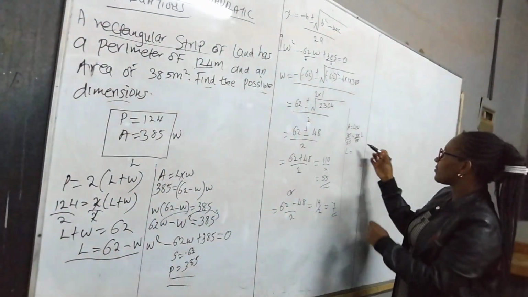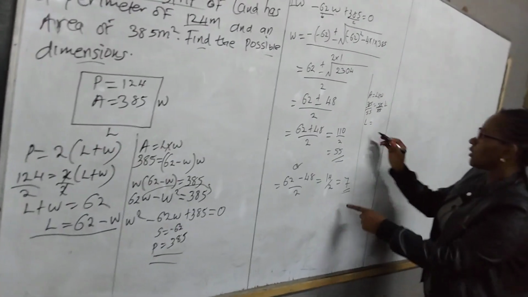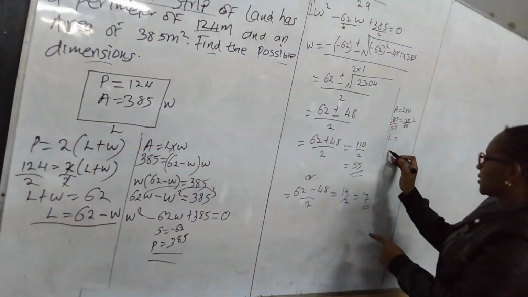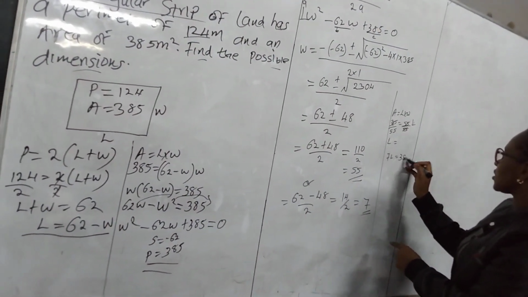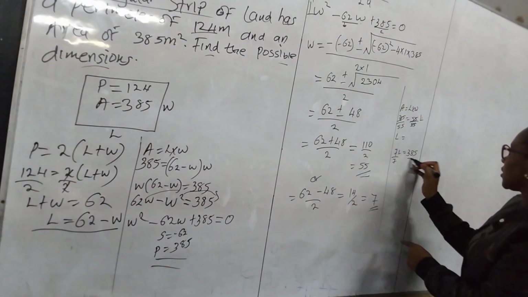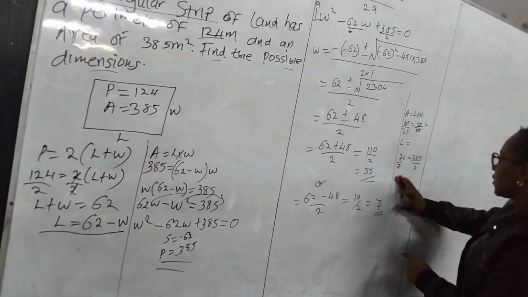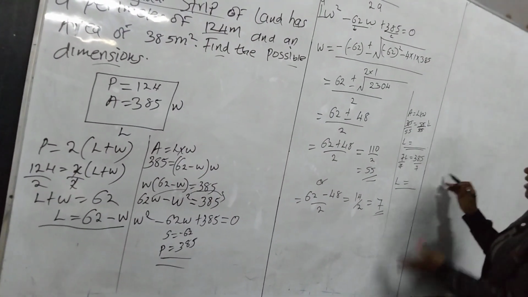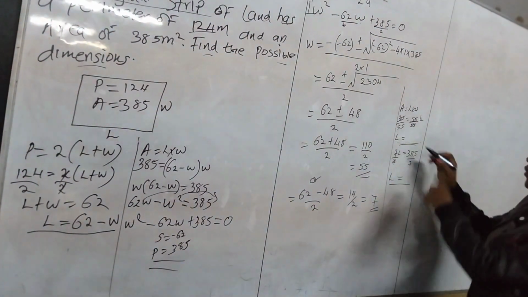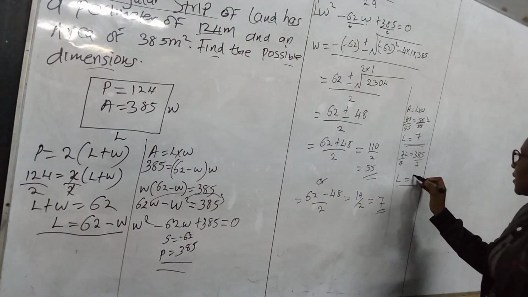We can also take the value of W as 7. Then length is equal to 385 divided by 7. We divide by 7 and we get the value of our length. These two answers are the same. We have our answer there as 7 and our answer here as 55.